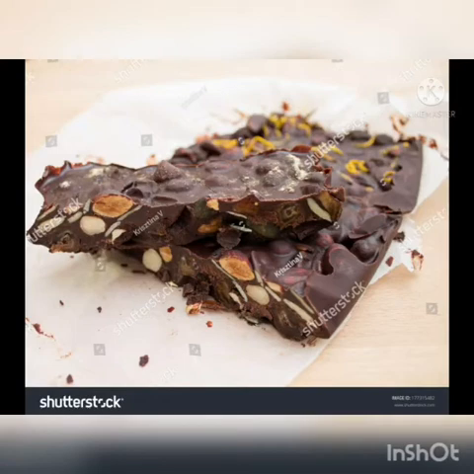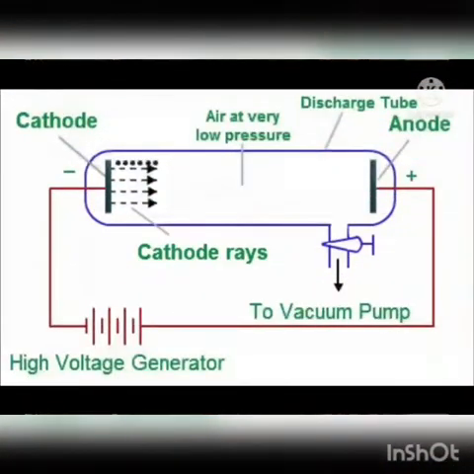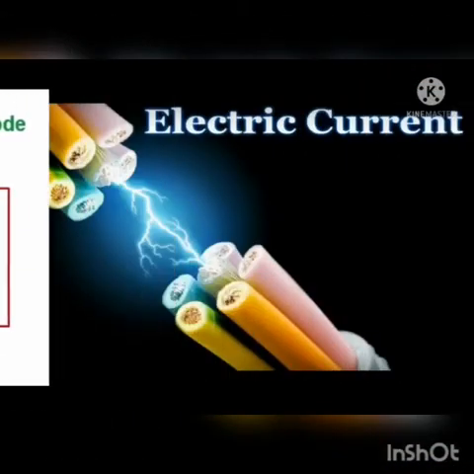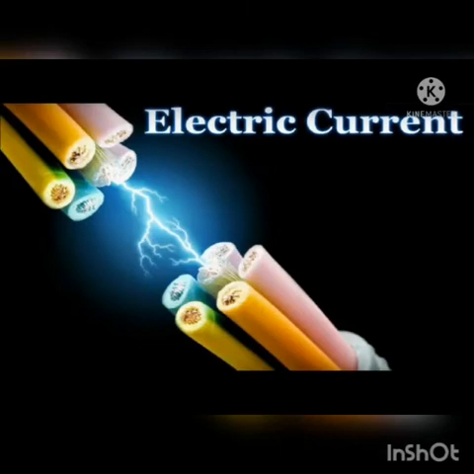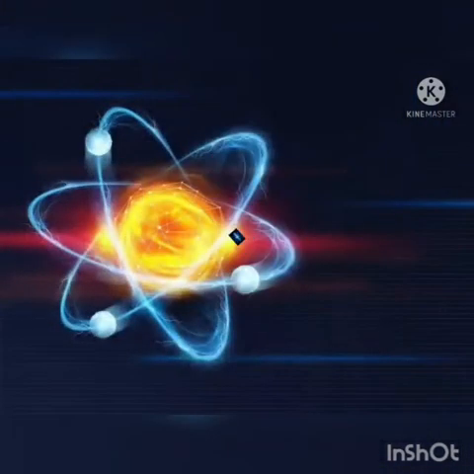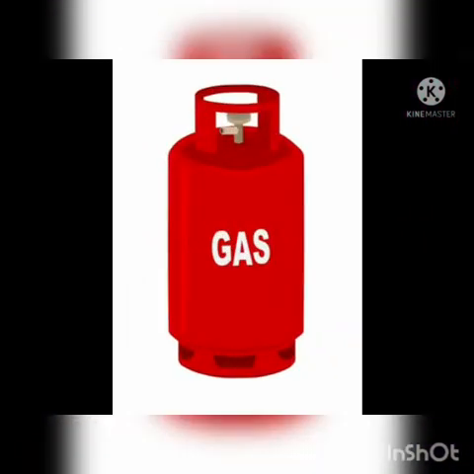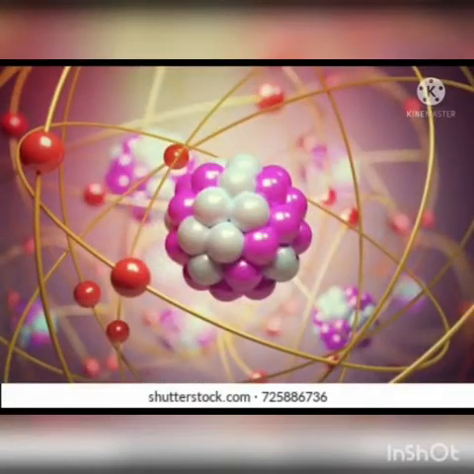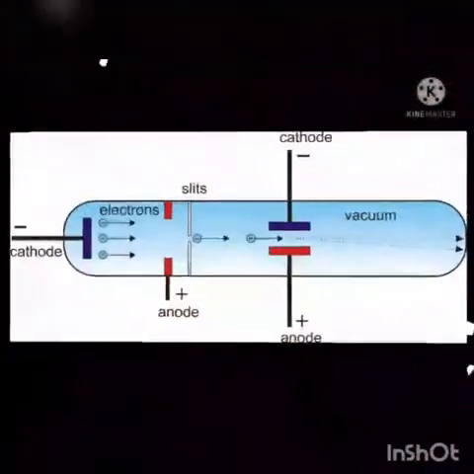Now let's take a closer look at what happened inside the cathode ray tube. When a high electric current is applied, the electric energy pushes out some of the electrons from the gas; these fast moving electrons form cathode rays.